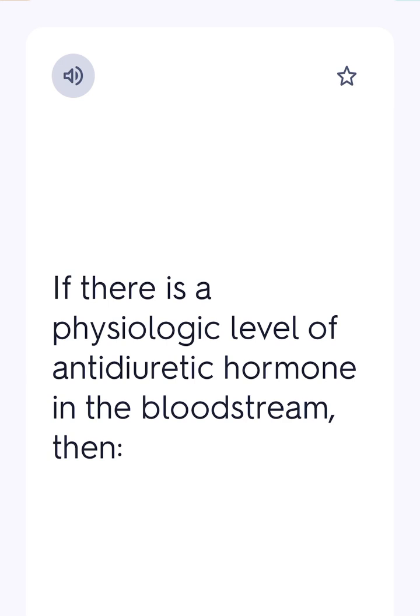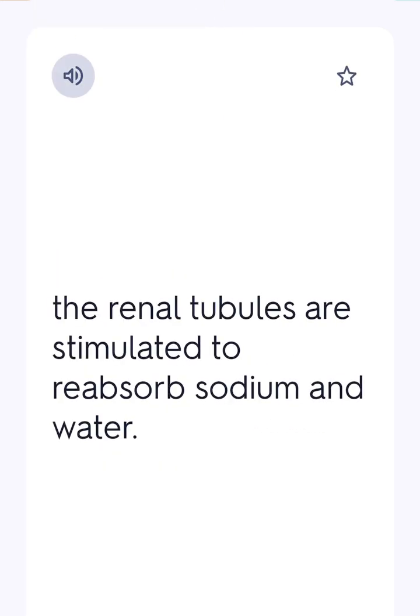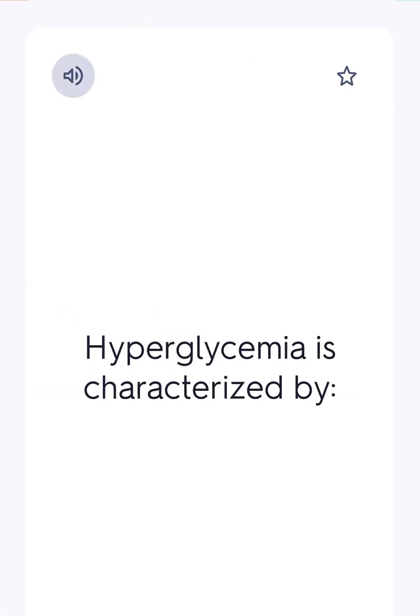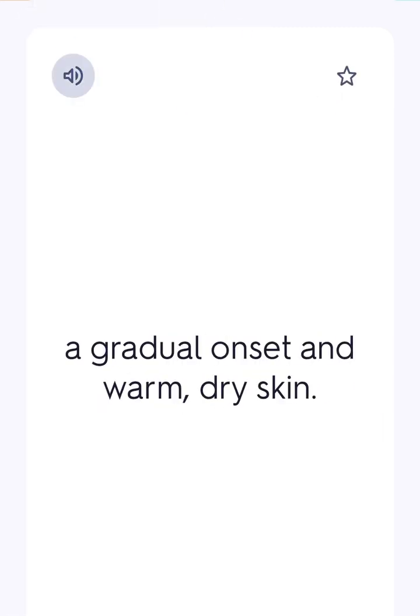If there is a physiologic level of antidiuretic hormone in the bloodstream, then the renal tubules are stimulated to reabsorb sodium and water. Hyperglycemia is characterized by a gradual onset and warm, dry skin.